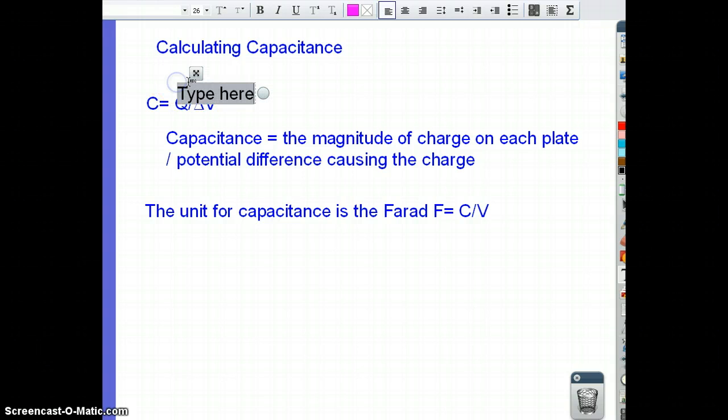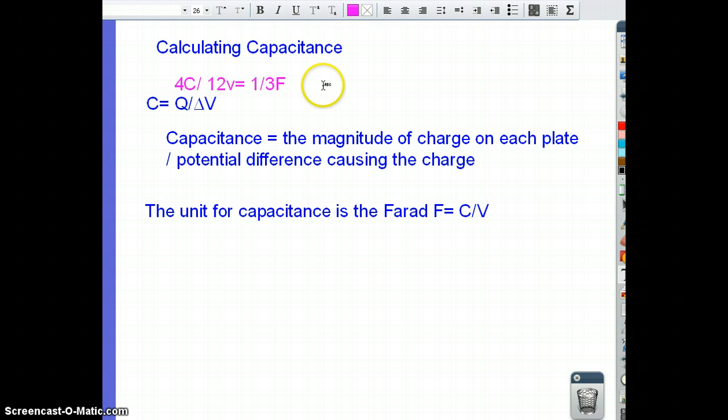So with our example, if we had a charge of 4 coulombs and we divided that charge by, say, a 12-volt battery that caused the charge, that would equal 4 divided by 12, a third of our unit, the farad. A third of a farad would be our unit.